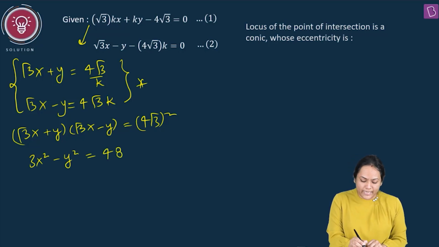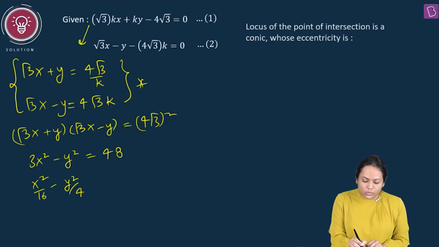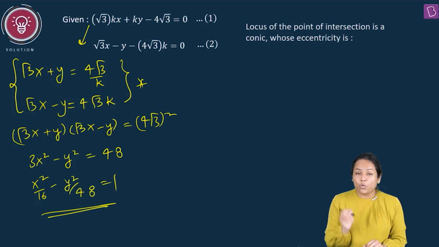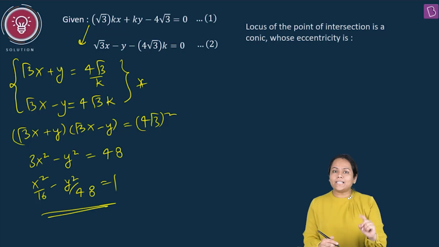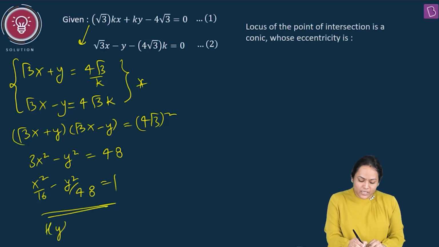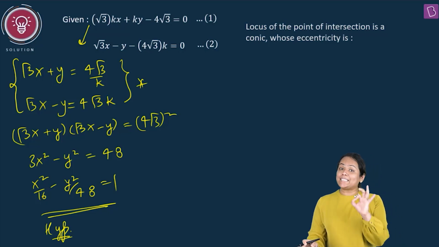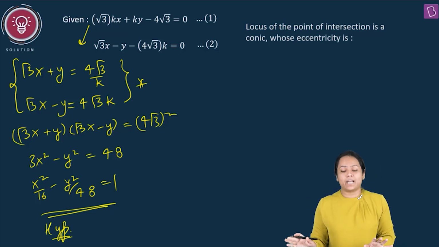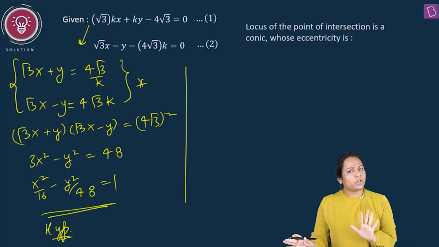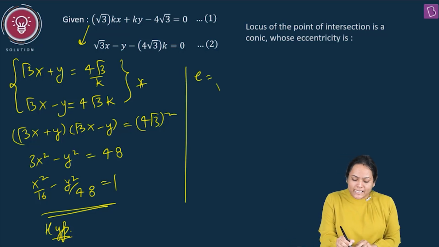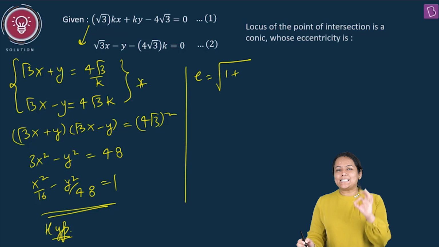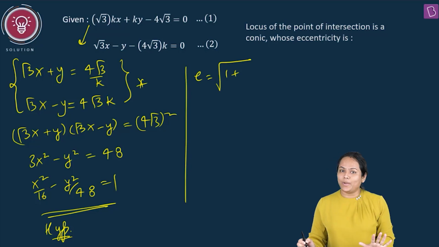Well, that is 48. Further it can be written as x square by 16 minus y square by 48 is equal to 1. What is this curve, guys? Well, it is a hyperbola. That's correct. So what we have to find is the eccentricity of this standard hyperbola. I hope you remember the formula. Well, the formula is e is equal to root over 1 plus b square by a square, right?